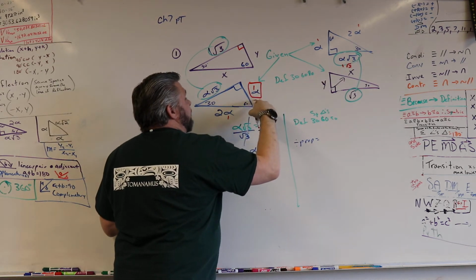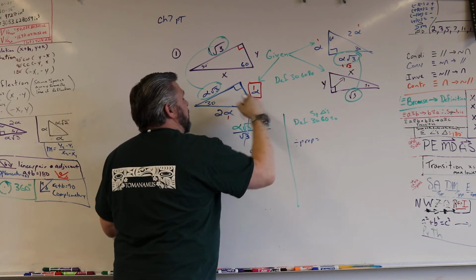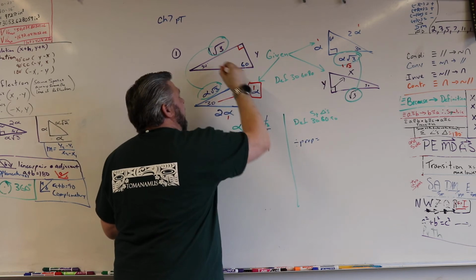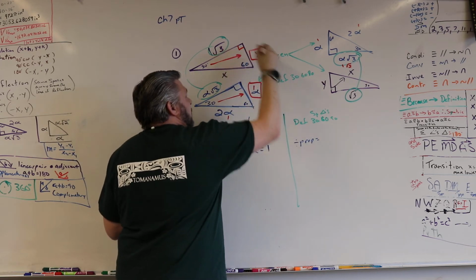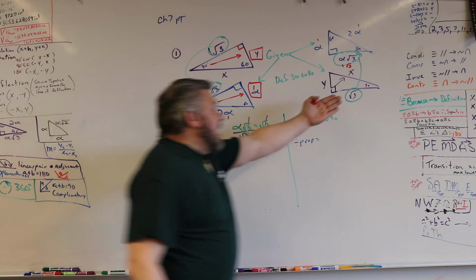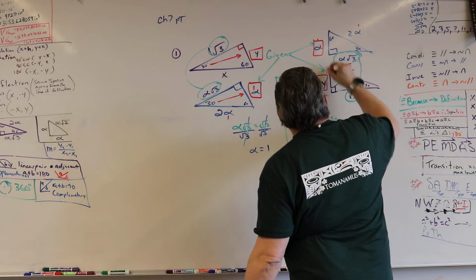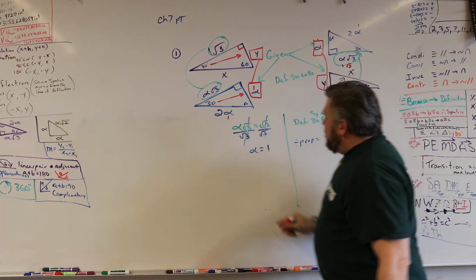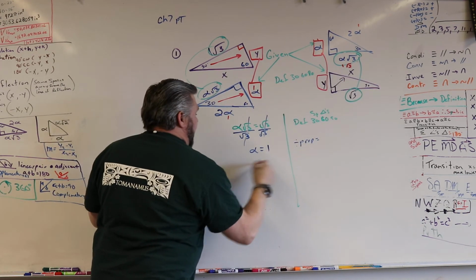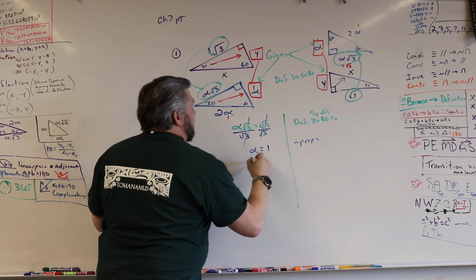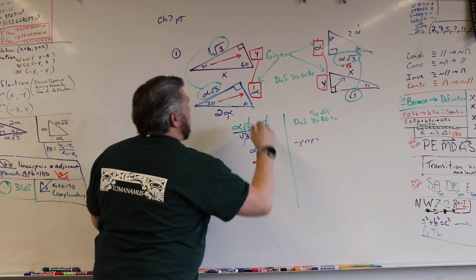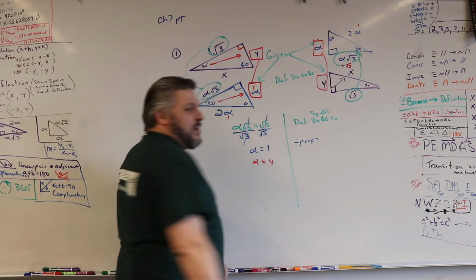Now this one, right, is the same as which one? Which one is across from 30? 1. Alright. And it's the same on this guy. Okay? These are the same. So we're just saying that alpha, or we can say, yeah, alpha is equal to y. Alright?